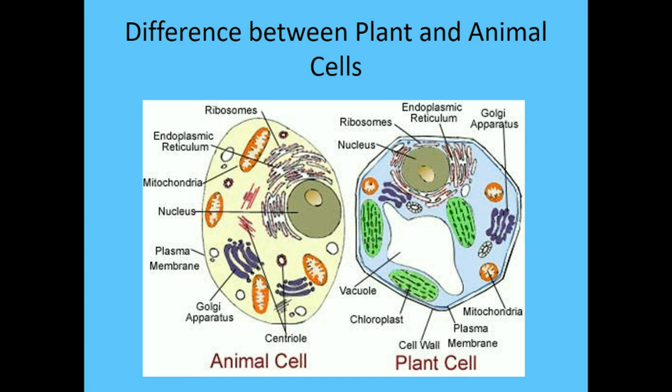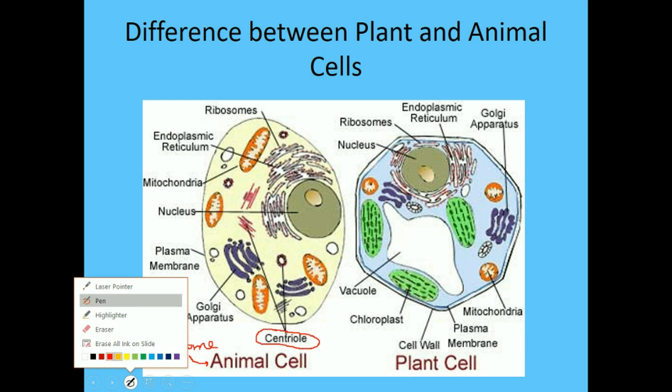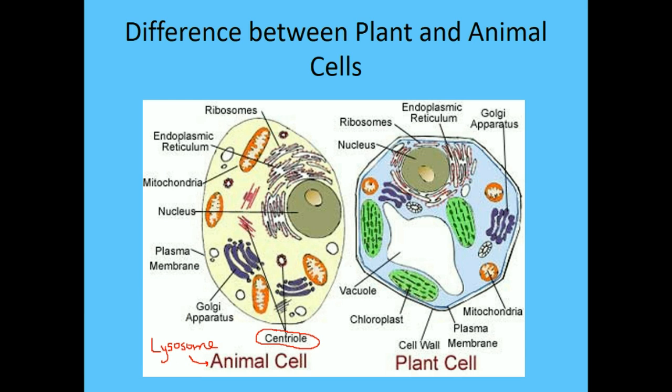Alright, so then eukaryotic cells can be divided into plants and animals, and there are some unique features to both. In an animal cell, you have centrioles that are only unique to animal cells, and you also have lysosomes. These are also unique to animal cells. Plant cells have two also. They have the chloroplast and the cell wall.